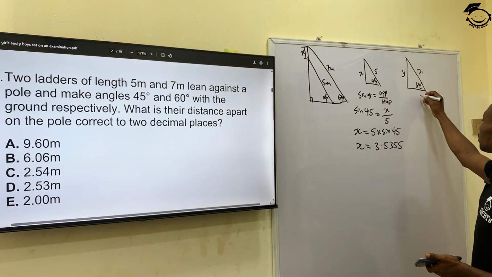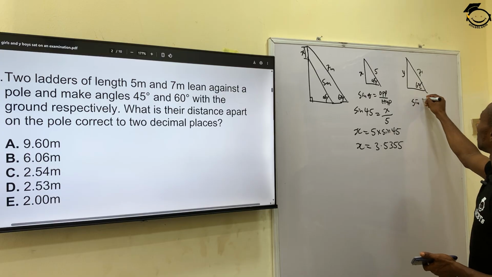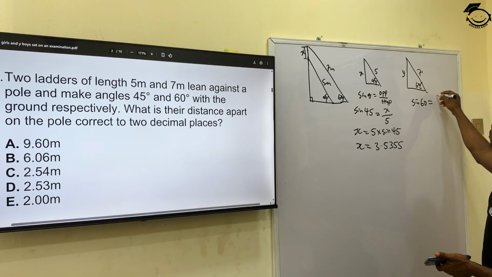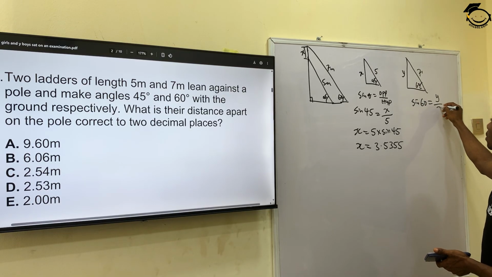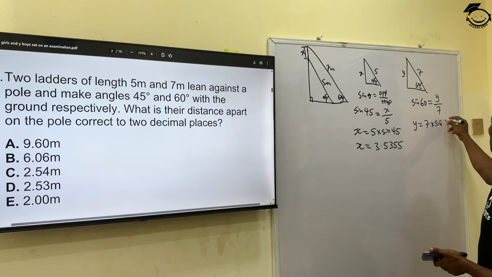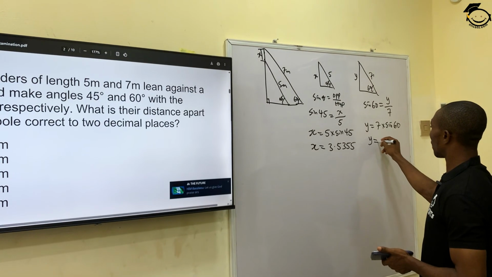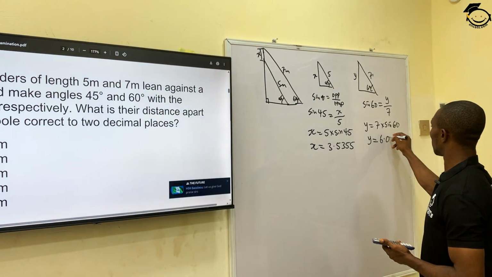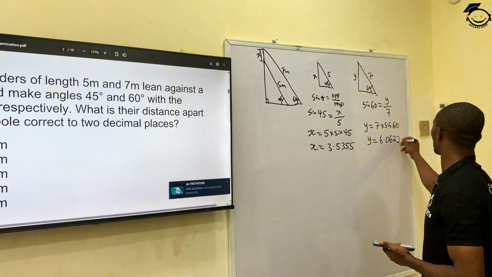Okay, so on this other aspect, we have sine 60 equals y over 7. So y equals 7 times sine 60, which gives us y equals 6.0622.